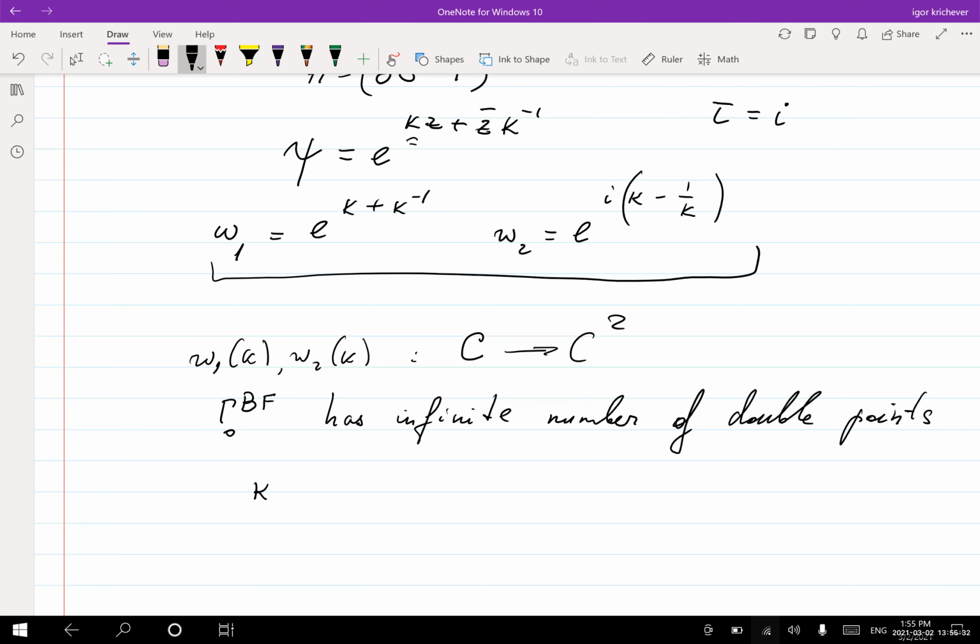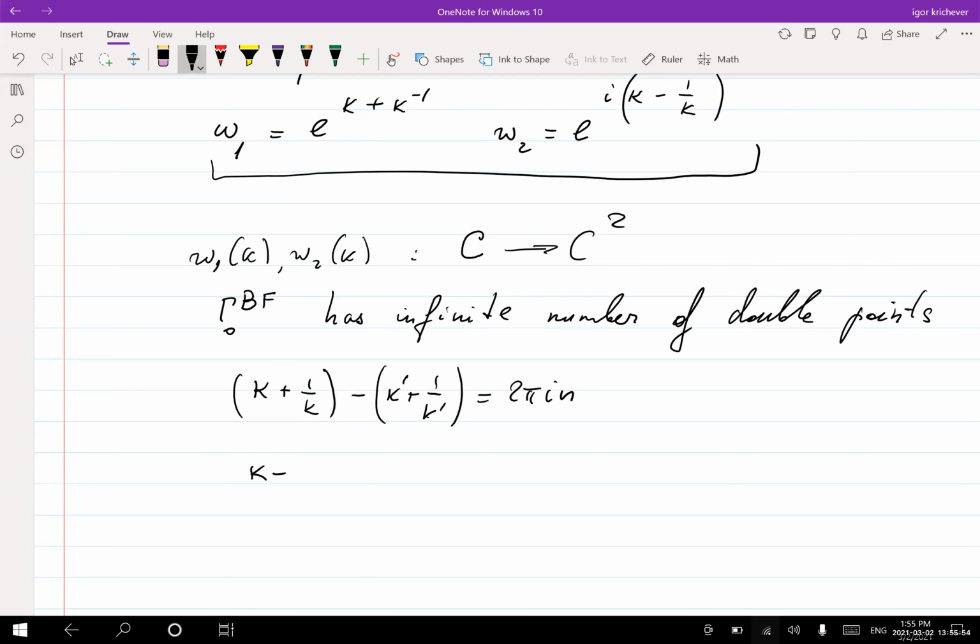So you write k plus 1 over k minus k prime plus 1 over k prime equals 2 pi i n, and k minus 1 over k minus k prime minus 1 over k prime equals 2 pi m.